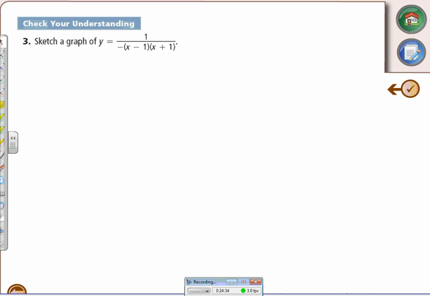Okay, so sketching the graph of this one. Again, first thing we want to do is get the original quadratic drawn. Negative x minus 1 and x plus 1. This is in factored form. We can see that it's opening down because there's a negative in front.